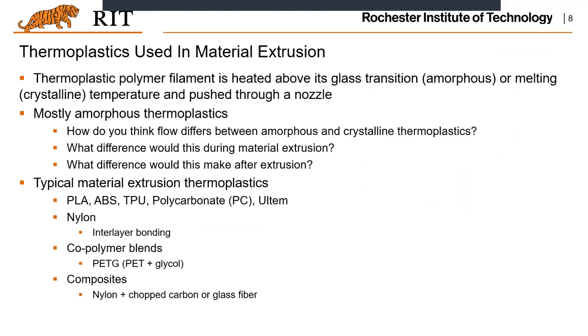All right. As I mentioned, the thermoplastic is the most widely used one in material extrusion, and for many of these filaments, the thermoplastic is heated above its glass transition temperature or the melting temperature and pushed through a nozzle. For different materials, there are different temperatures, I mean the glass transition or the melting temperature, and that's why you need to set up different temperatures.